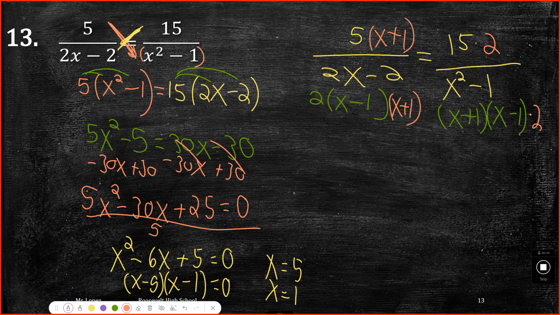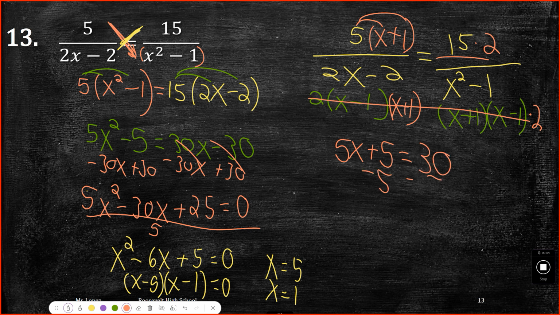Only because this is an equation, and now I have a common denominator, what am I going to do to the bottom of the equation? So this top is going to become 5x plus 5, and this is going to become 30. So now I can solve this by subtracting 5, and so I'm going to get 5x equals 25, meaning that x is equal to 5.